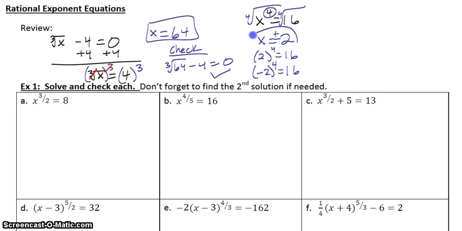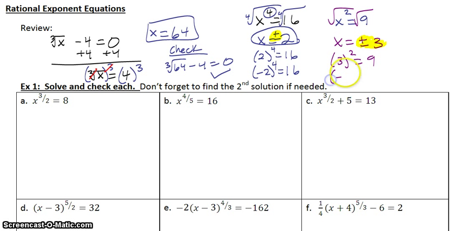So if I have that even power, there are actually 2 answers. Let me give you another example, one most people are really familiar with: x squared equals 9. Take the square root. It could be positive or negative 3, because a positive 3 squared equals 9, and a negative 3 squared also equals 9.